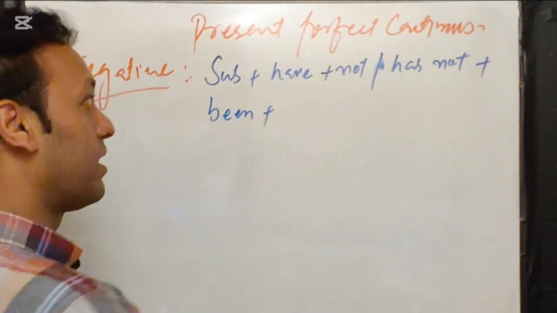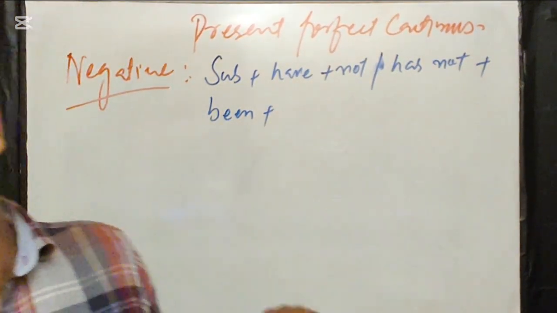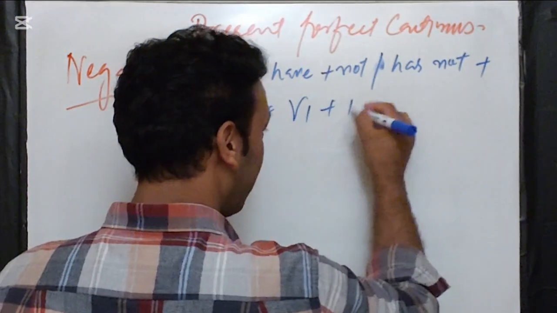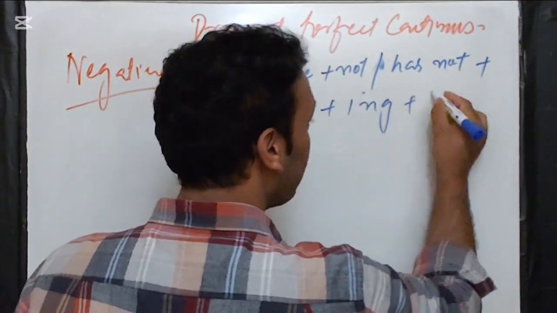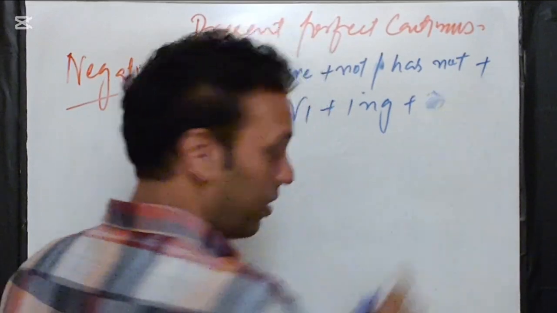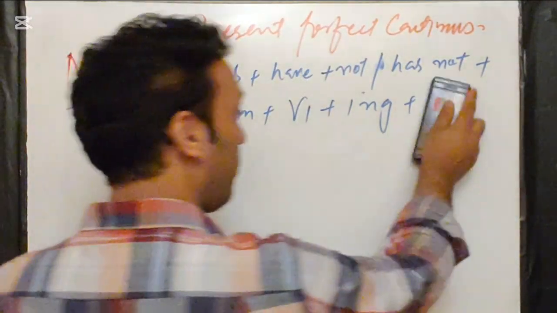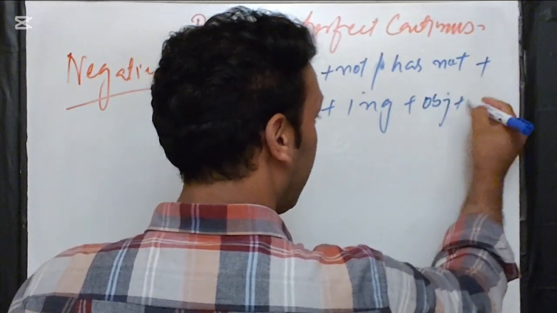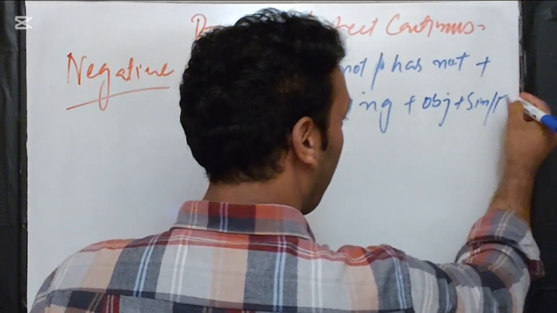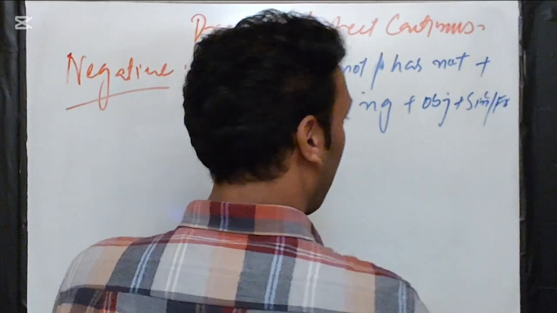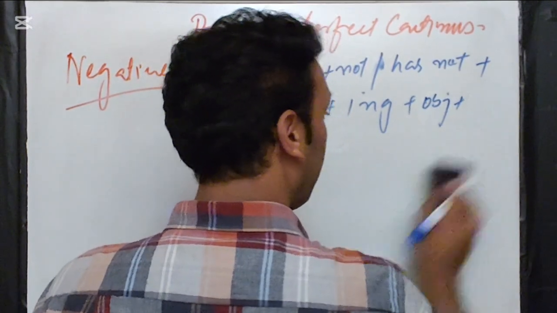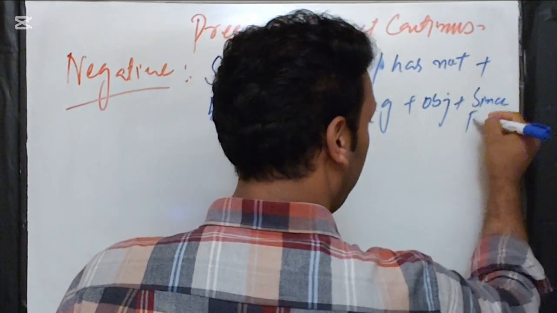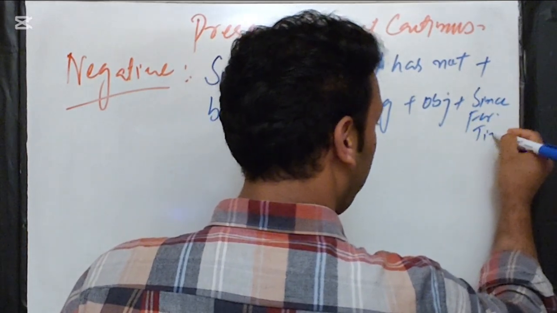And after that, what do you want to add? Verb first form plus ing and object, since, for, and time.